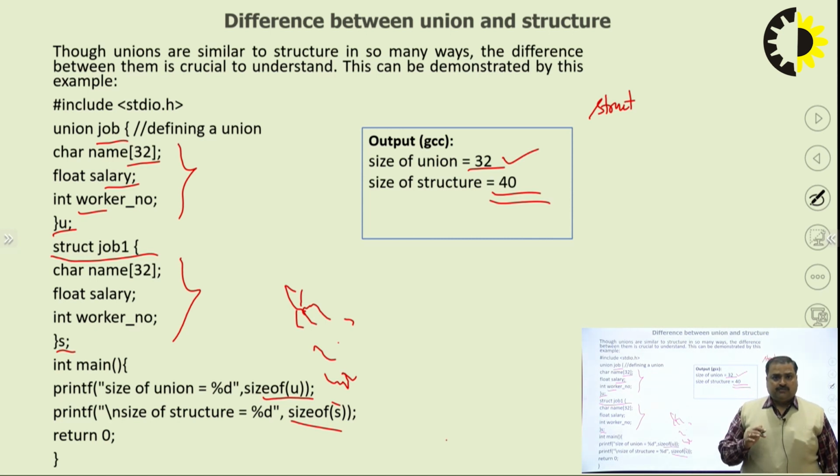The usage of a union depends on the requirement where you need to use memory very efficiently, with all the members of the union sharing the same memory location.